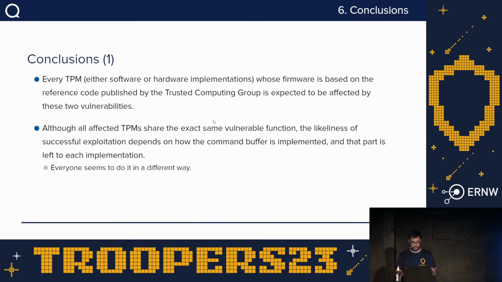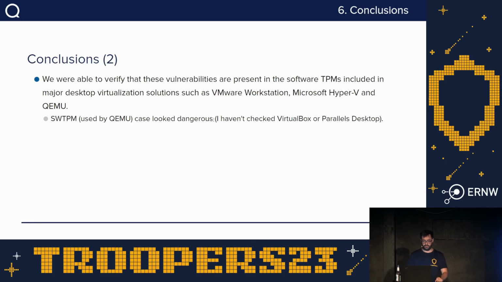VMware pre-allocates an oversized buffer. HyperV allocates a variable buffer. SWTPM, used by QEMU, uses a buffer in the heap, so it's totally different on each one. Well, as I said before, all the major virtualization solutions that we checked were affected.